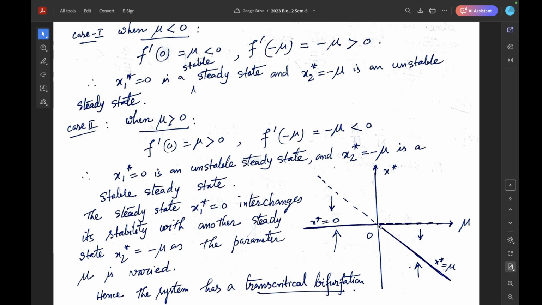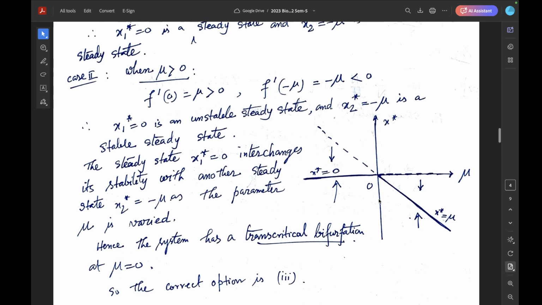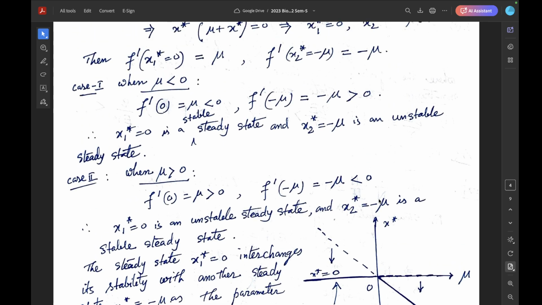For stability, the arrows point towards the line. Hence the system has a transcritical bifurcation at mu equals 0. So the correct option is 3.